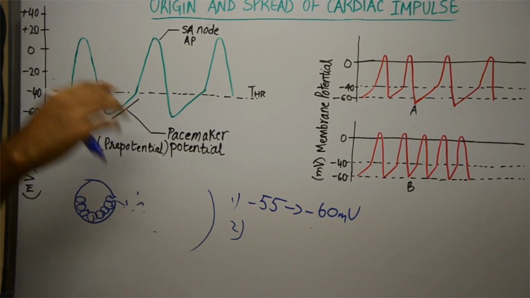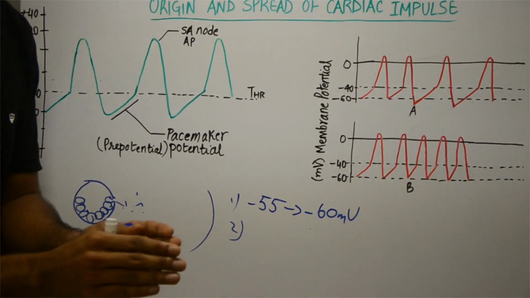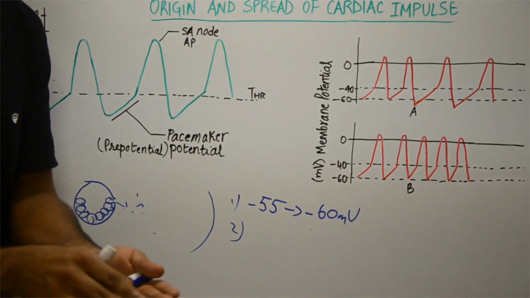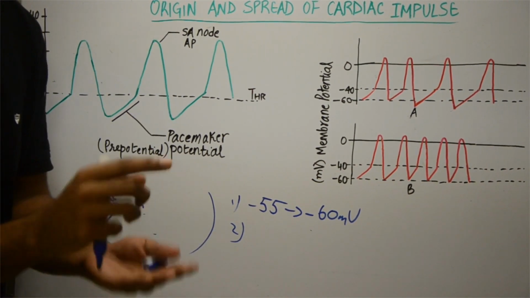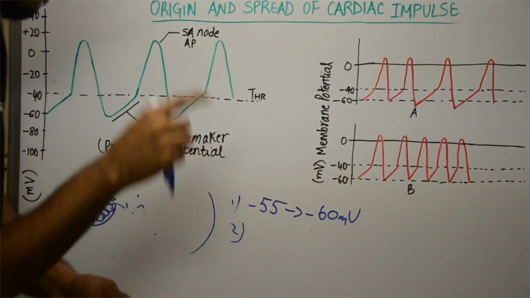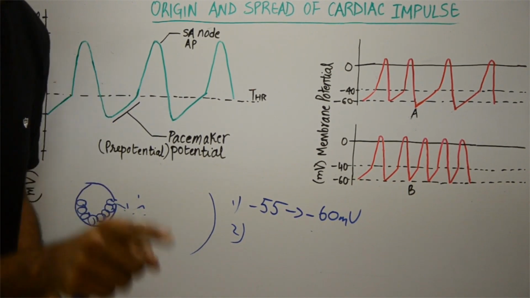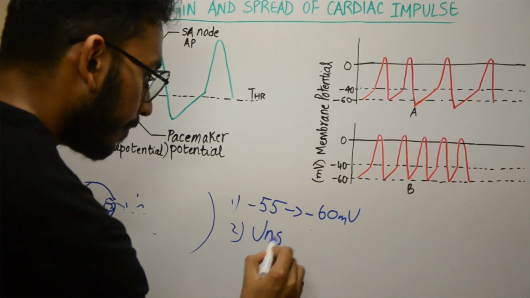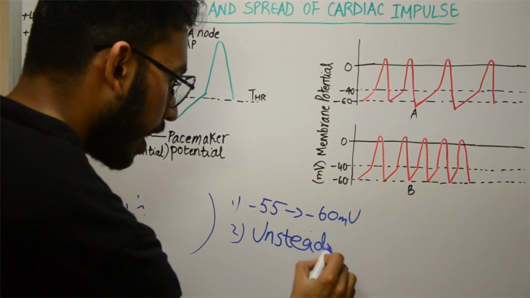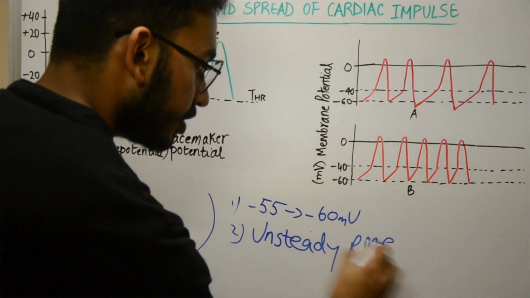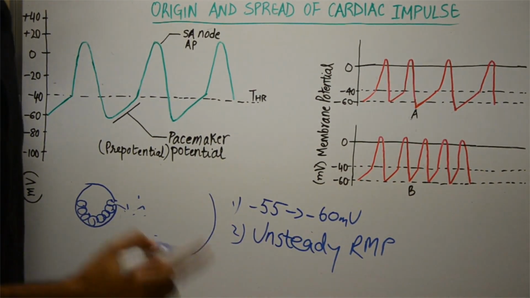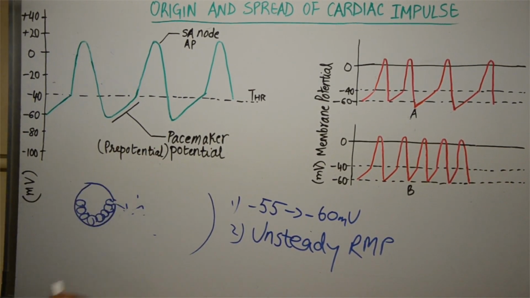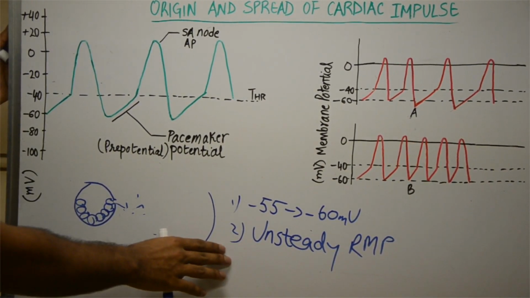Remember, in all other tissues of the body, the resting membrane potential is fixed. It remains at a value of -85 or -90 unless it is stimulated by an external stimulus, right? But here it is not the case. Here the resting membrane potential is unsteady. So these two are the characteristic features of resting membrane potential in the SA node.